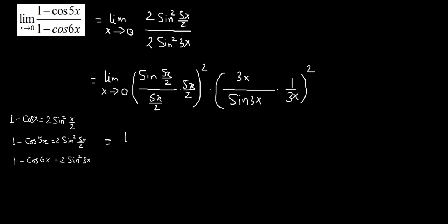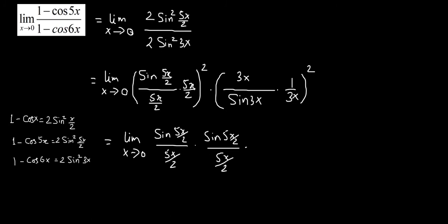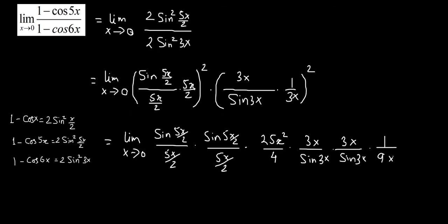That gives us limit x tends to 0 sine 5x over 2 divided by 5x over 2 times sine 5x over 2 times 5x over 2 times 25x squared over 4 times thrice x over sine thrice x times thrice x over sine thrice x times 1 over 9x squared.